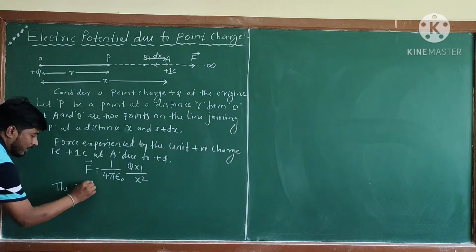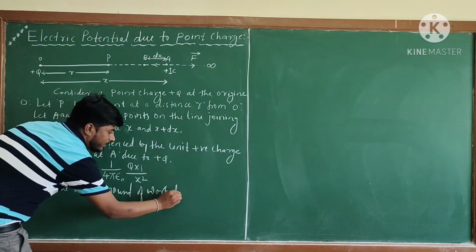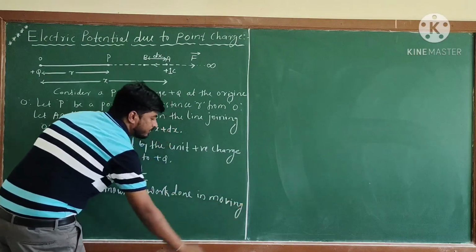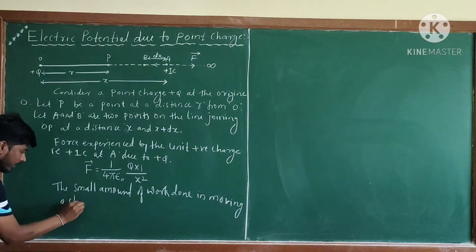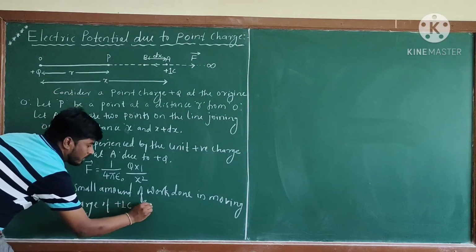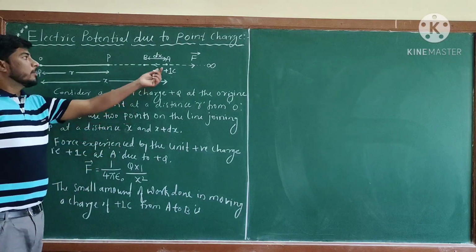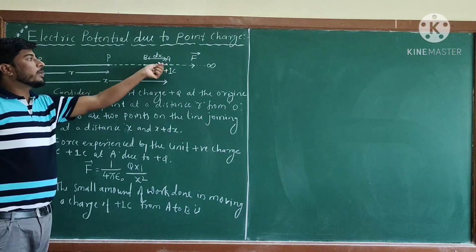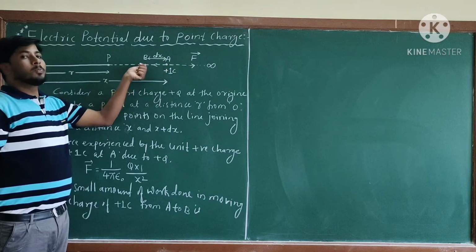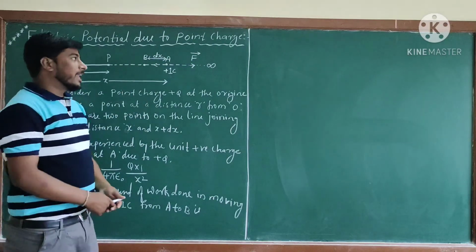Now the small amount of work done in moving a charge of plus 1 Coulomb from A to B. We move a charge of 1 Coulomb from A to B. So if I move a unit positive charge from A to B, I have done the work against this electrostatic force.